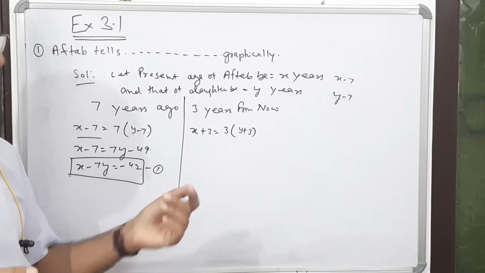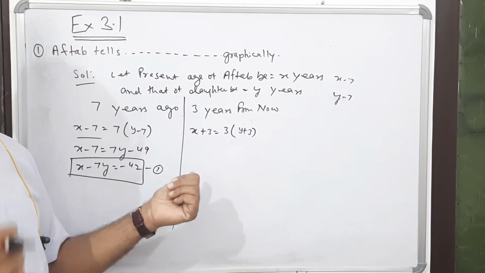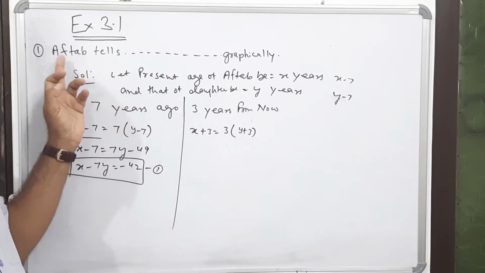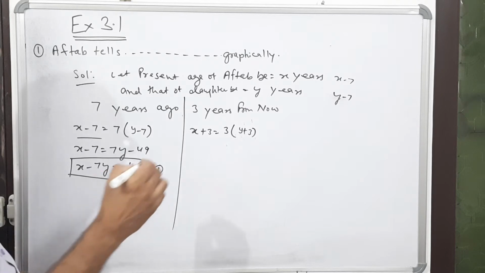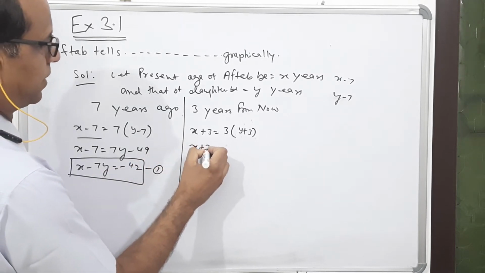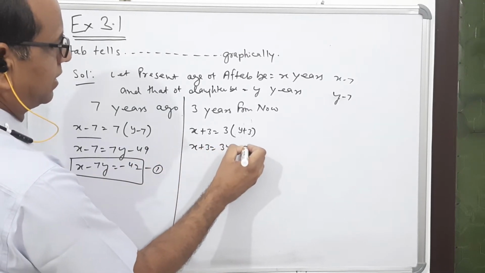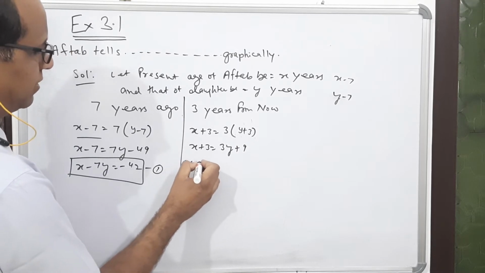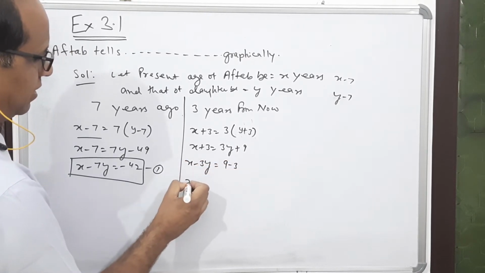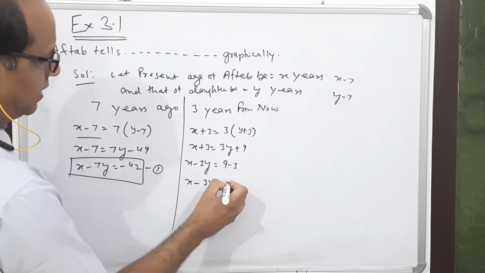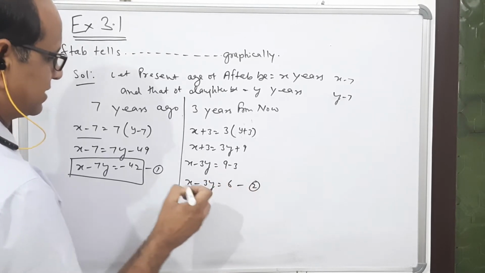This I am not saying, it is given in the sum that 3 years from now Aftab will be 3 times. So here it is x plus 3 equals 3y plus 9. So we can write x minus 3y equals 9 minus 3, or x minus 3y equals 6.